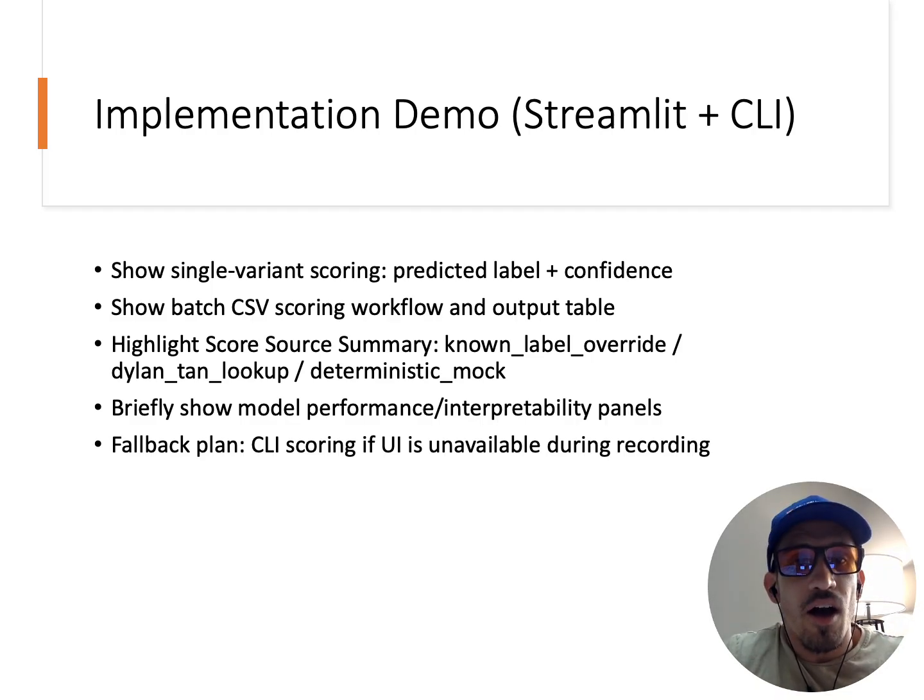Second, I'll upload a demo batch file and highlight the score source summary panel, which reports whether values came from known label overrides, DeLong lookup, or deterministic fallback. Third, here I show the AUROC and bootstrap delta visuals to separate performance from noise, plus the confusion and error overlap view to reveal stable hard cases together.